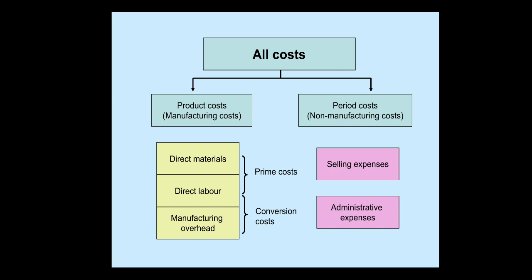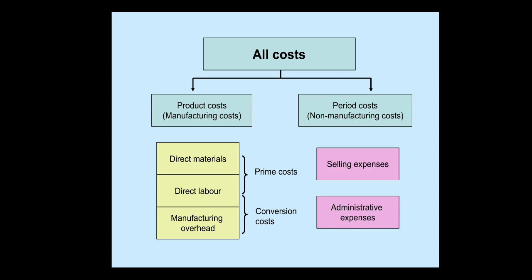So all the costs related to the factory are manufacturing costs, but all the costs that are related to the management office are called non-manufacturing costs, or also can be called period costs.